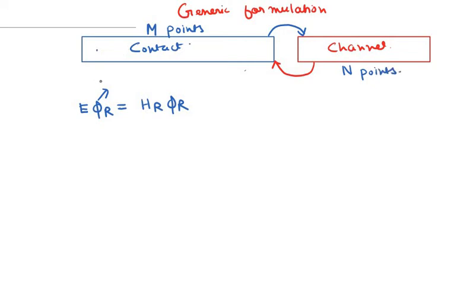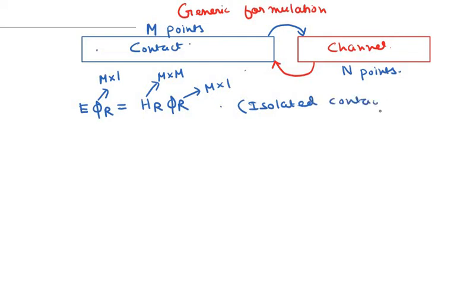So this is an m cross 1 matrix, this is an m cross m matrix, and this is again an m cross 1 matrix, and m in this case, as I stated, is typically large because the contact is large. This is the Schrodinger's equation for the isolated contact when it is not coupled to the channel.